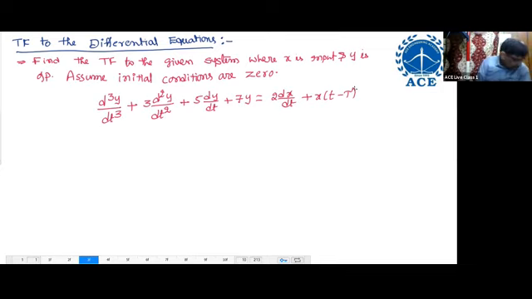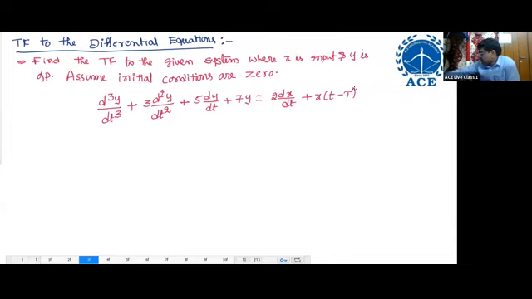Come on, get the answer. Where X is input, Y output. Just apply Laplace transform and take the ratio, you will get the answer.